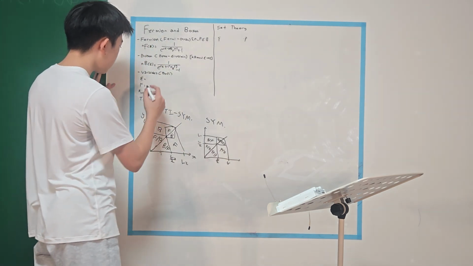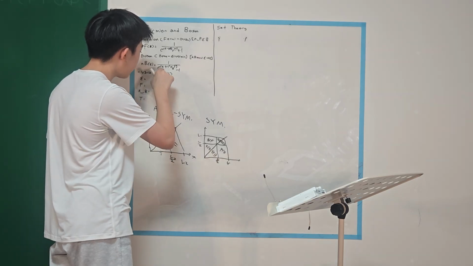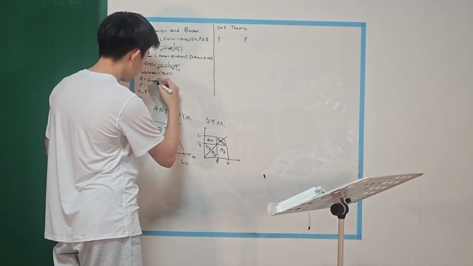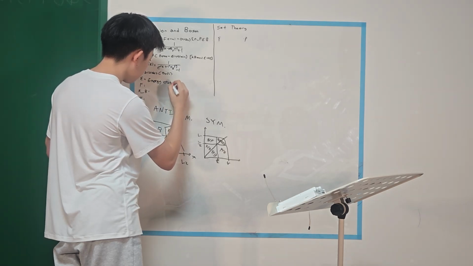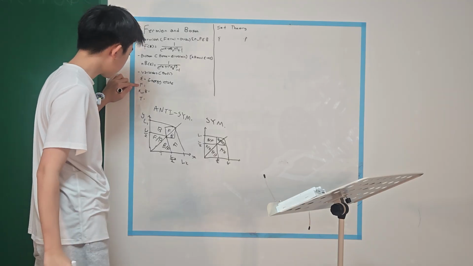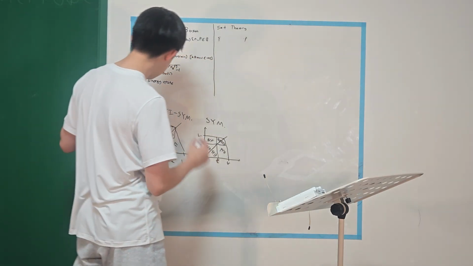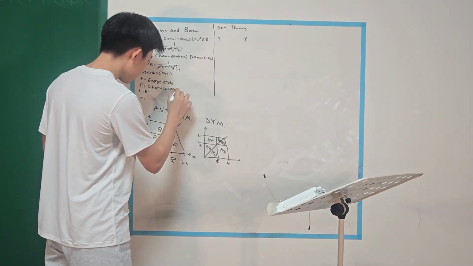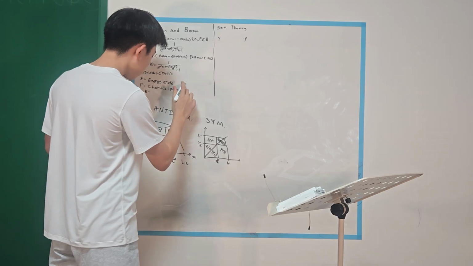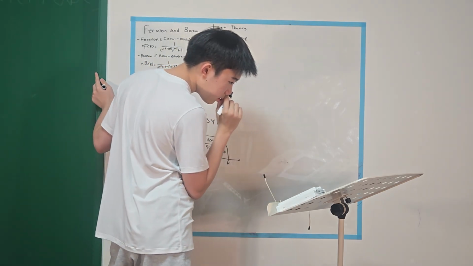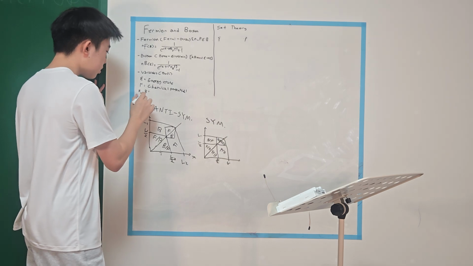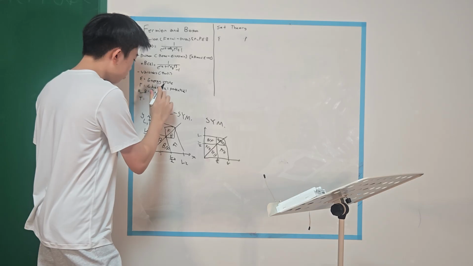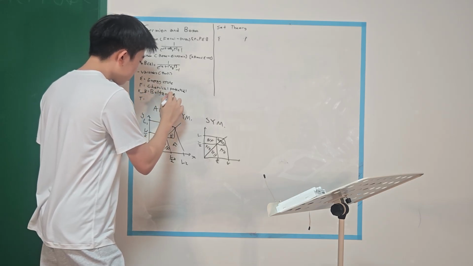The variables are: epsilon, which I have put in here as the energy state; mu, which I put as the chemical potential; and k_B, which is the Boltzmann constant.